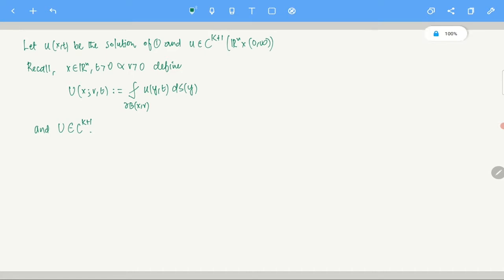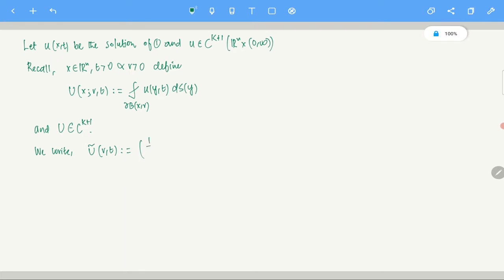Now what we do is, for k equals to 1, so essentially the n equals to 3 case, u tilde of r, t was defined as r times u, if you remember.